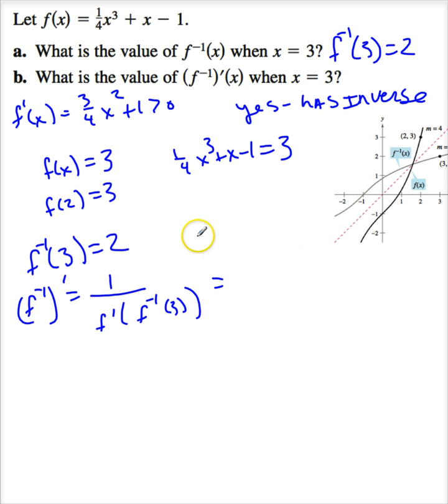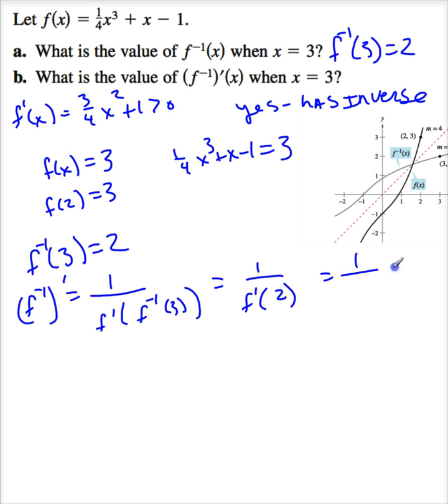So, this is equal to 1 over f prime evaluated at, now f inverse at 3 is equal to 2. So this is 2. So what I need to do next is find f prime and evaluate it at 2.